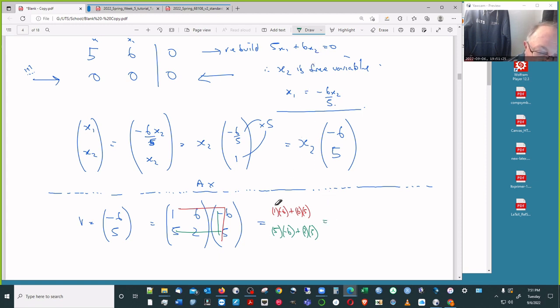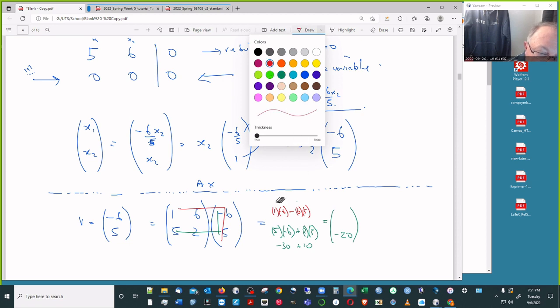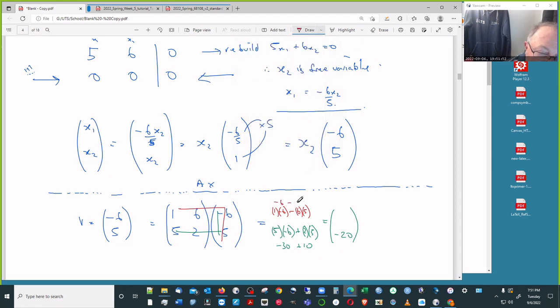Okay, so we've got minus 6 plus, sorry, I'm just being a bit lazy there. So minus 30 plus 10. So the bottom number will be minus 20. And the top number will be minus 6 minus 30.